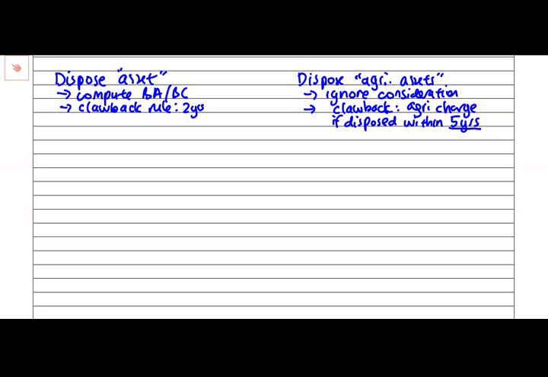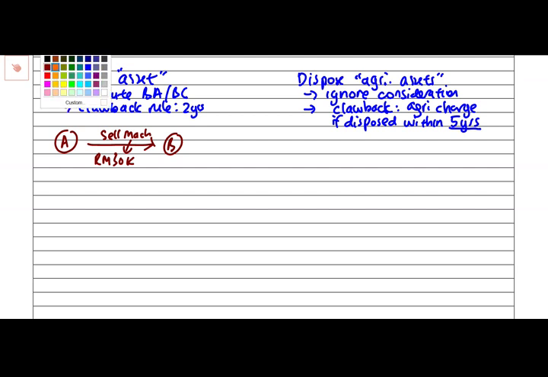Now, this is what happens to the person who incurred the agricultural expenditure. Imagine when you dispose of an asset. Let's say A sells the machine to B, and let's say you're selling the machine for a price of 30,000. Now, what happens to B?